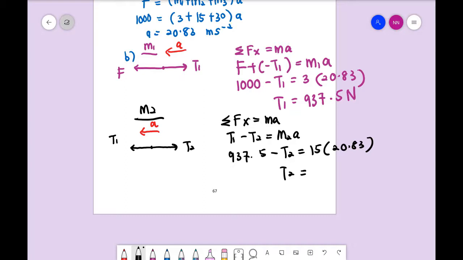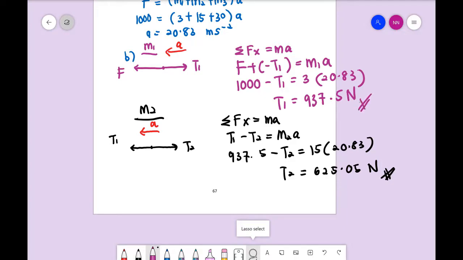So it equals 625.05 Newton. So we already get the values of T1 and T2.